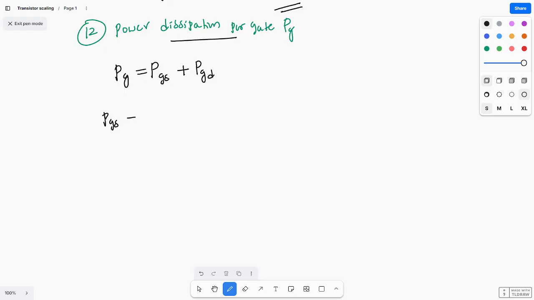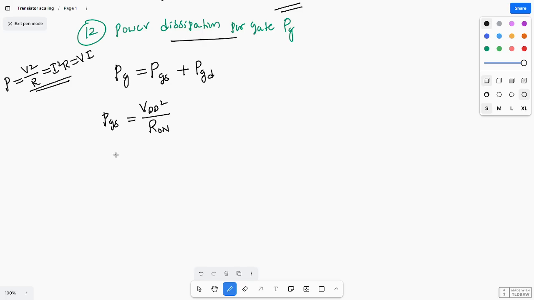PGS you can write as VDD square by Ron. You know that power formula, no? What is the power formula? V square by R, that is equal to I square R, that is equal to V into I. These are the formulas for power, no? So that is supply voltage VDD square by on resistance Ron.